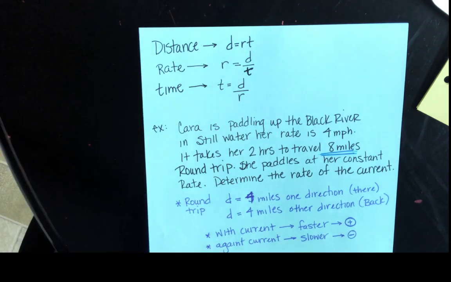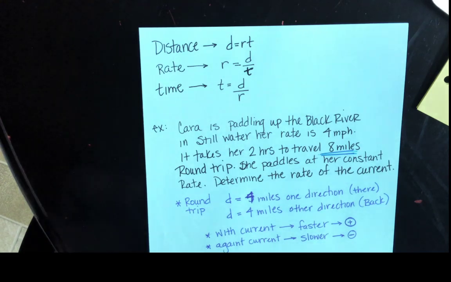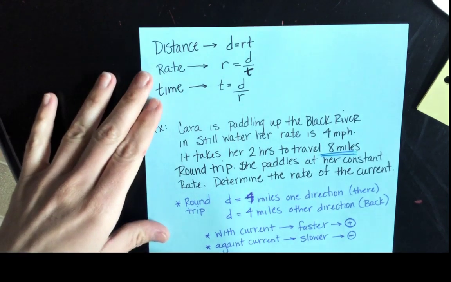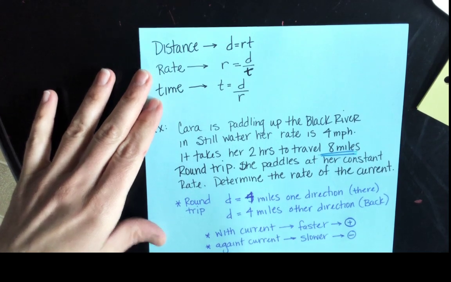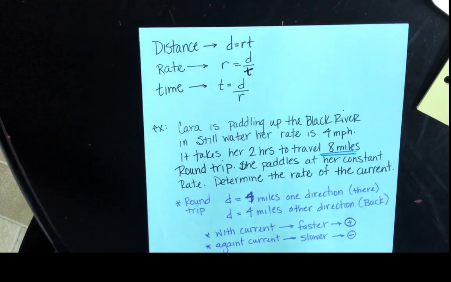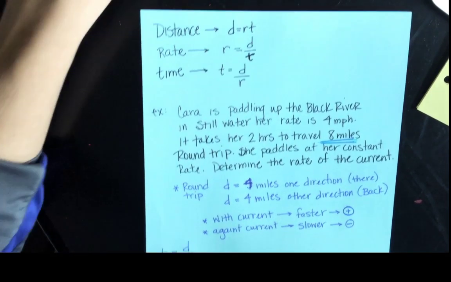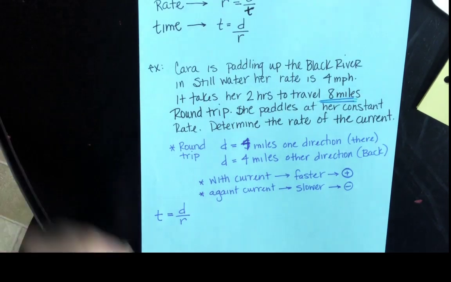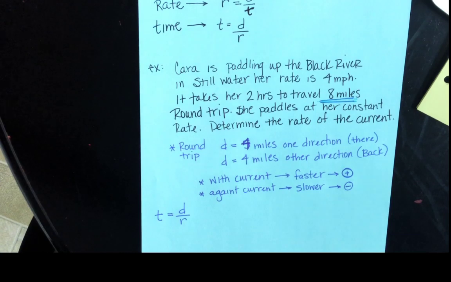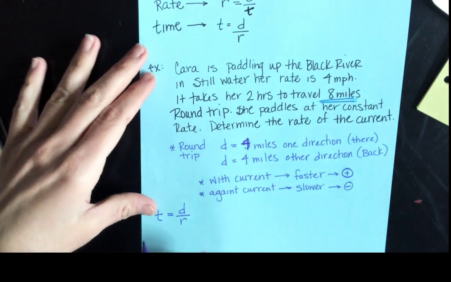So it does want to talk about the fact that we have time that we're working with. So T equals distance over rate is pretty much the formula that we're going to be using here. Because we know the total time.